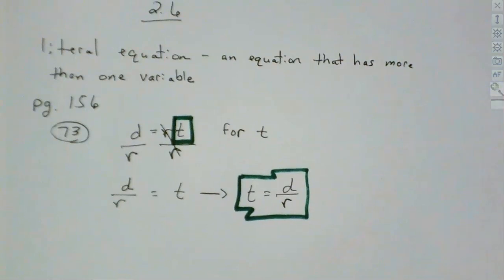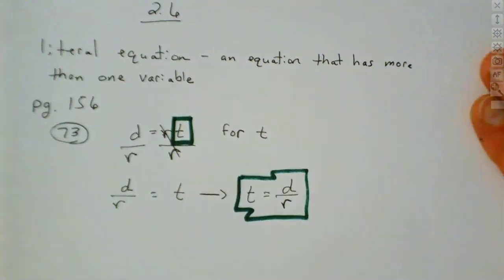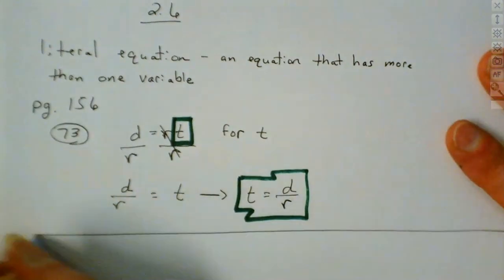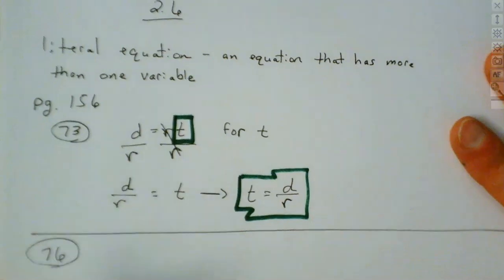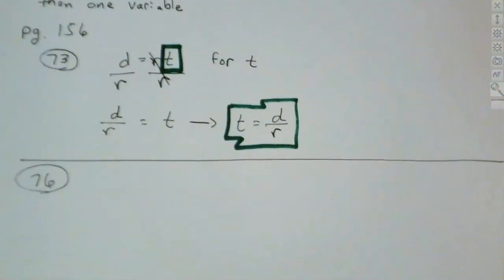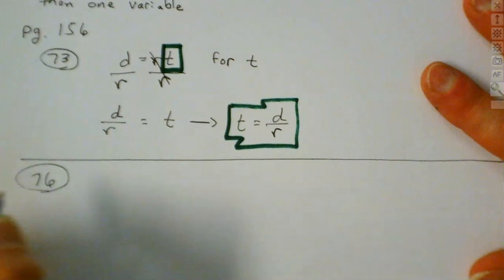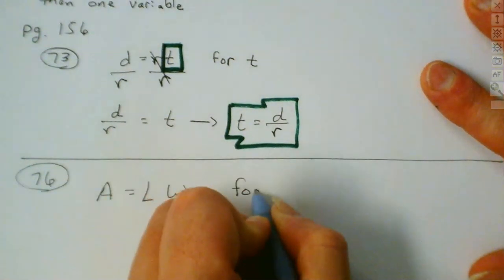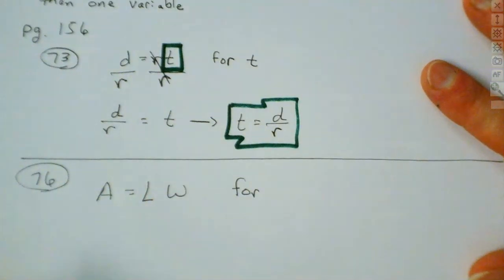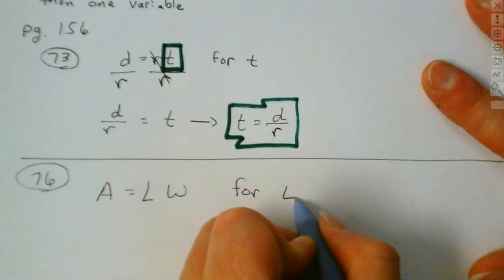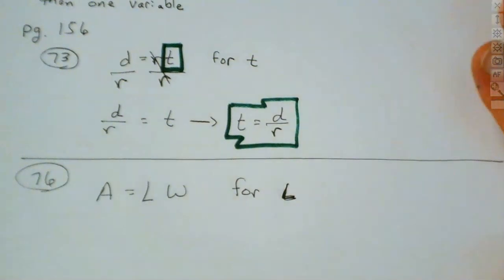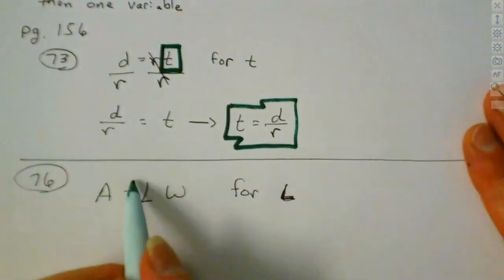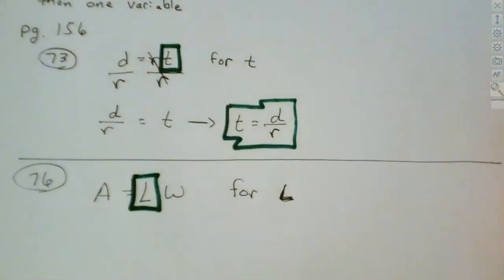Okay, let's do another one. Very similar again. Question 76. Almost exactly the same. A equals LW. And I want you to solve for the variable L. Okay, so what I'm going to do is I'm going to find the L, and I'm going to put a box around it. So here it is.